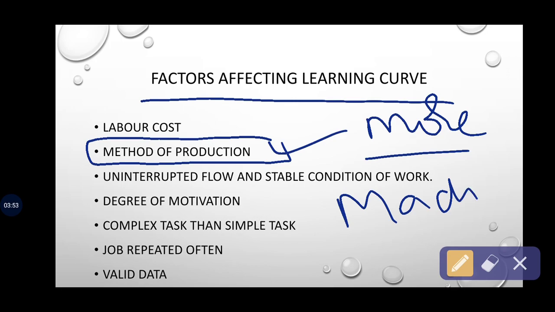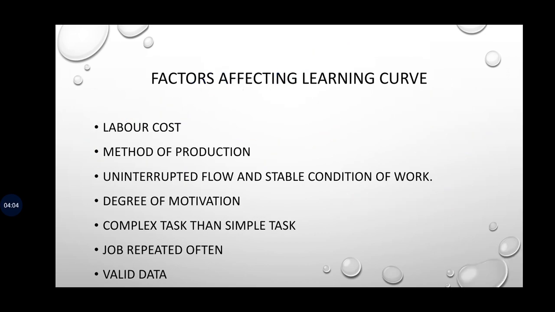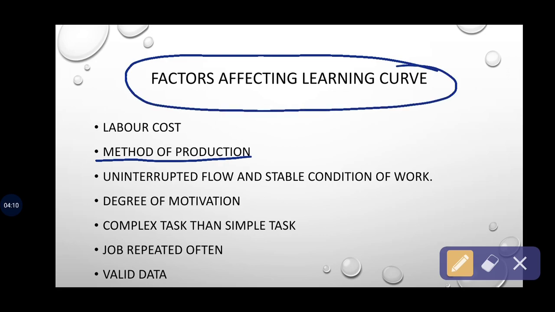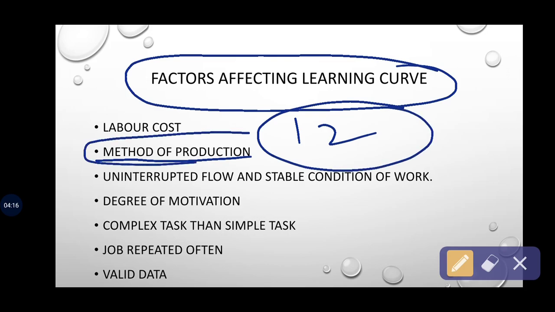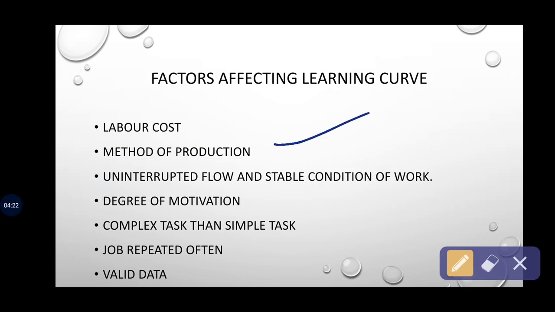Their learning curve will be slow, and they will take more attempts to do the work efficiently. In case the worker is a skilled one, he will learn things very easily. In one or two attempts only, he will understand how to operate that specific machine. So it depends upon what kind of method the company is following.